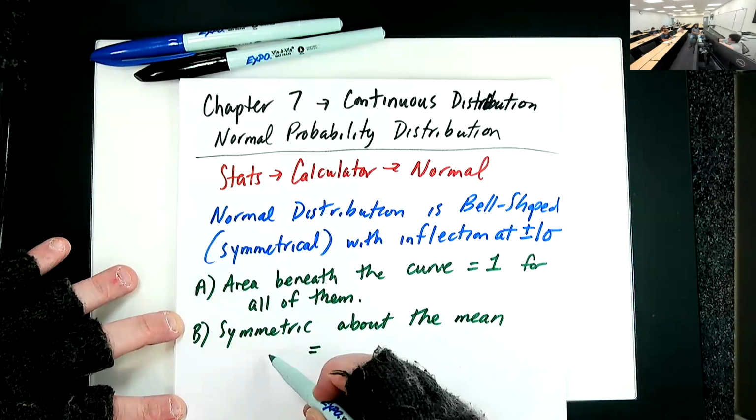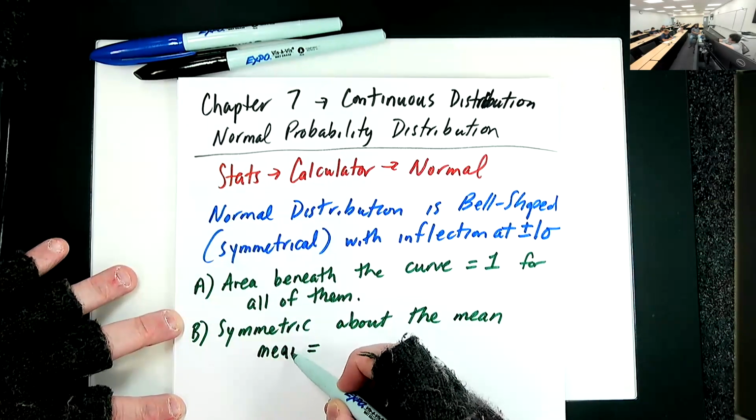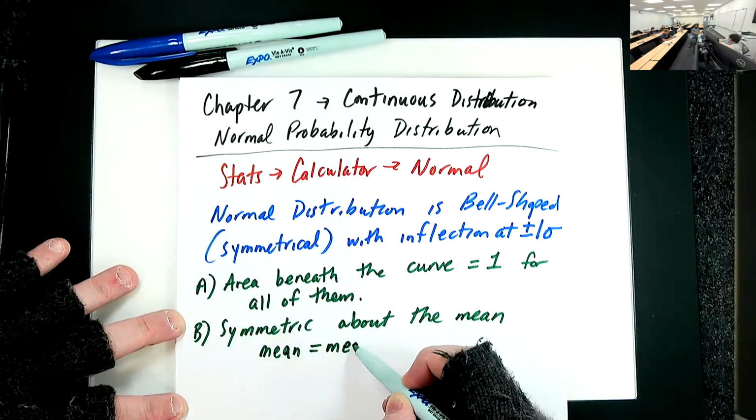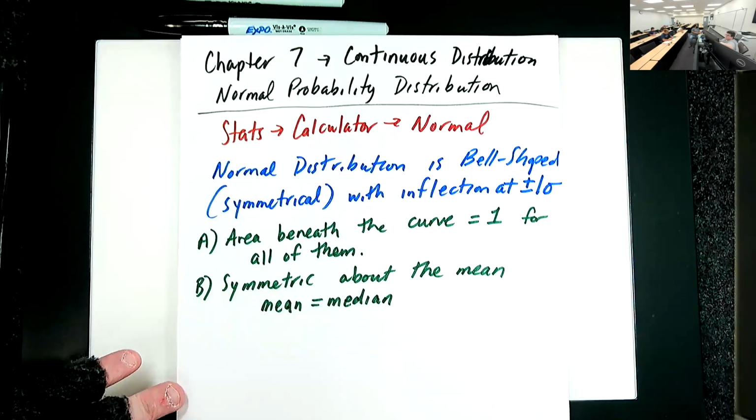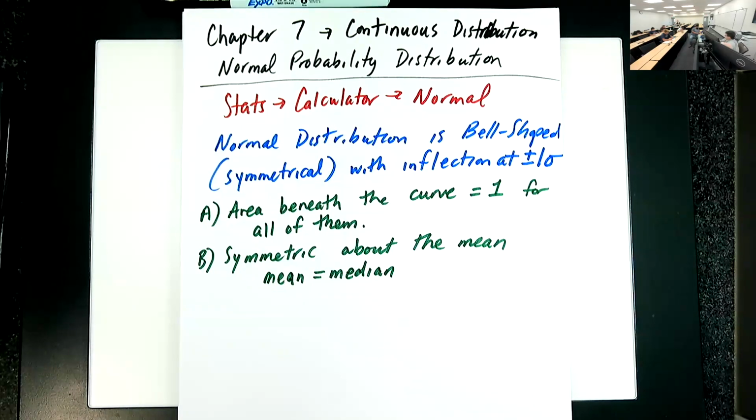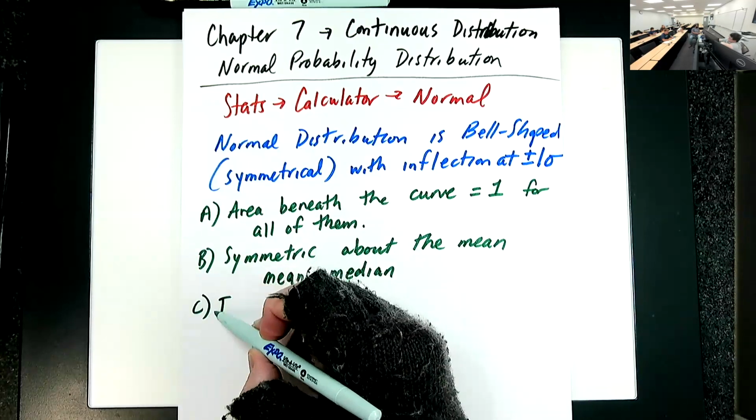But that means it's symmetric around the mode or median as well, because for the bell shape, the mean is the median. It increases from left to right, like the number line.